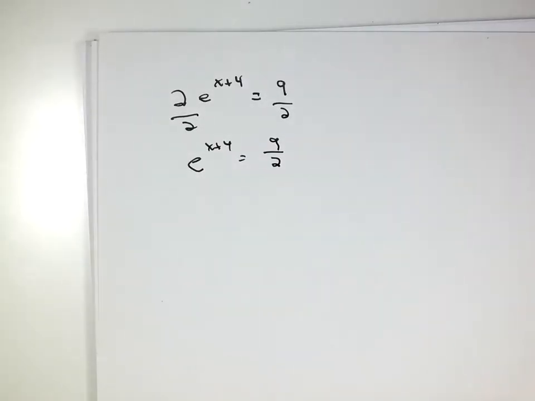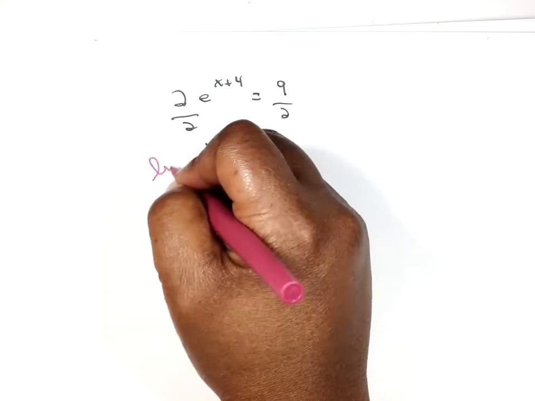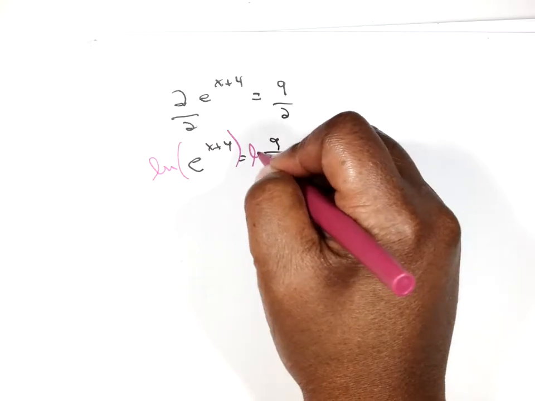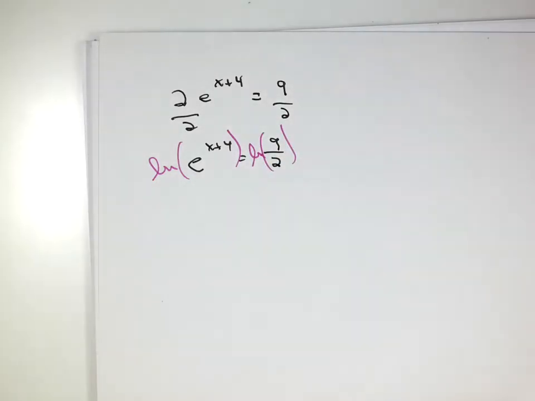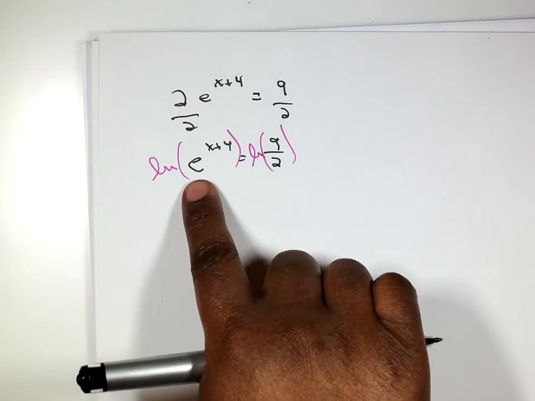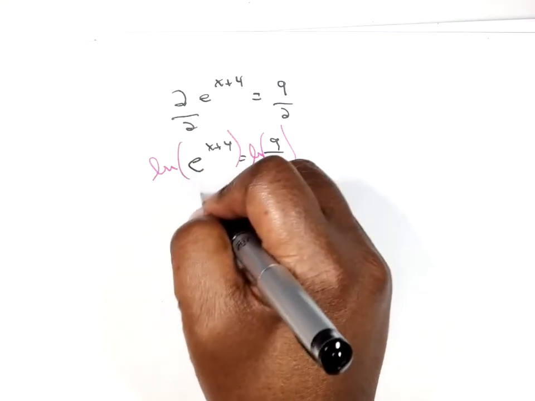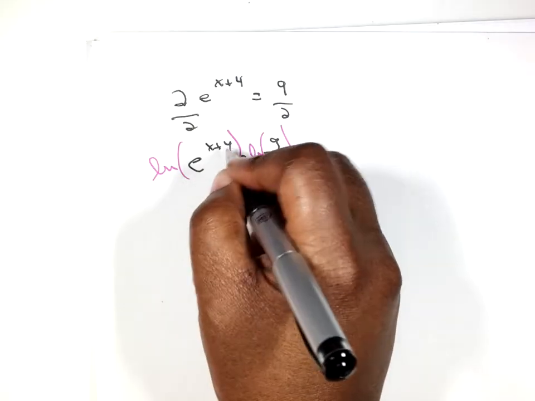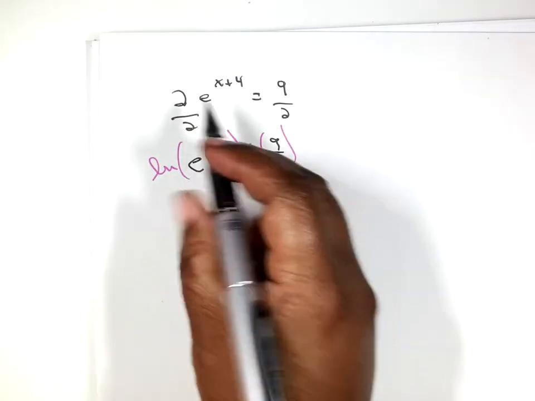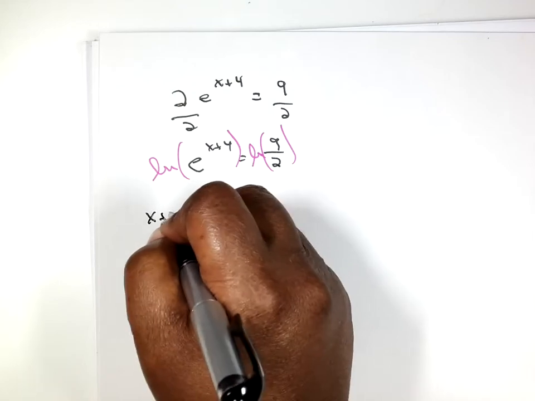And then I want to get that exponent out. So I'm going to take the natural log of both sides. And the reason I'm taking the natural log in particular is because this is base e. So those two are going to cancel out. So I get ln of e to the x plus 4. Well, I can bring down the x plus 4 in front.